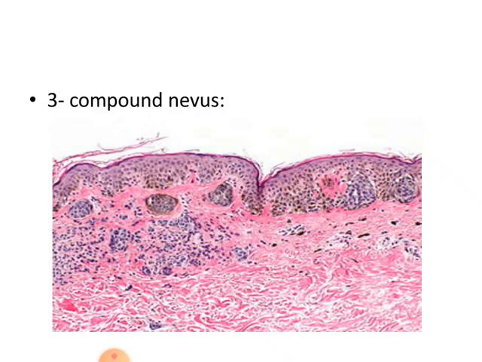Compound nevus is common in infancy and may be hairy, forming what is called a giant hairy nevus, and it usually turns malignant.